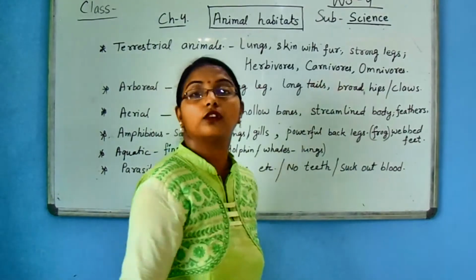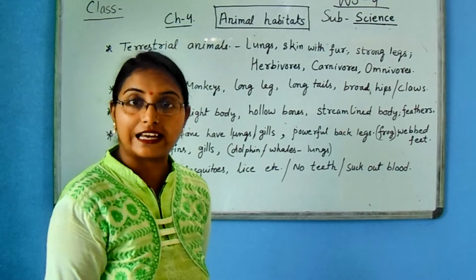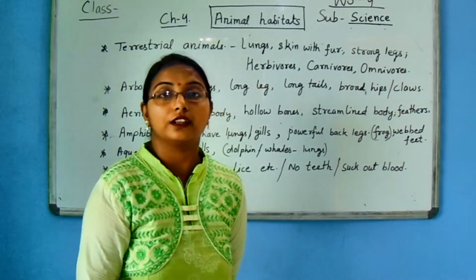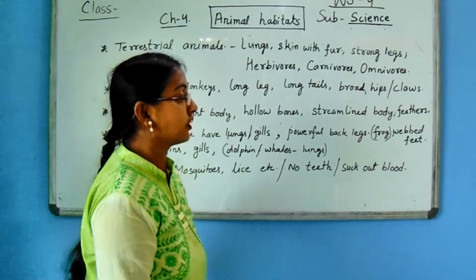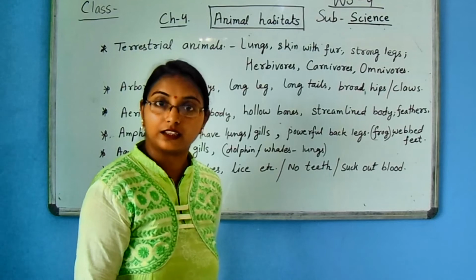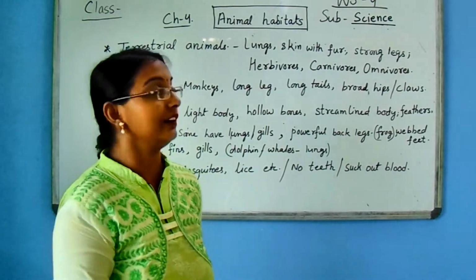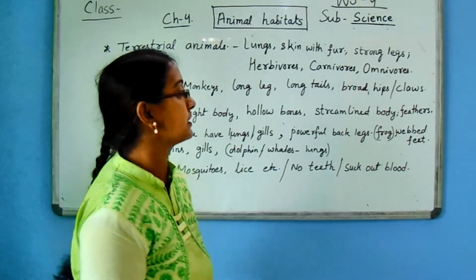So they also have strong legs, strong sense organs, and obviously they have molar teeth and canine teeth. They can tear the skin and flesh of the animals.